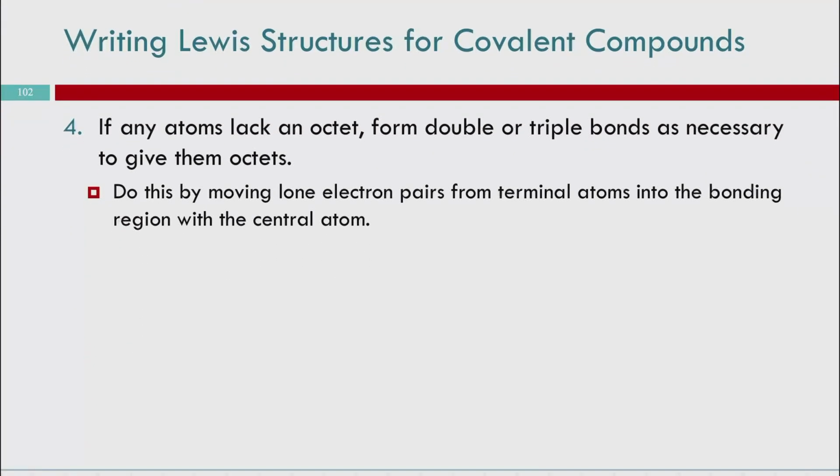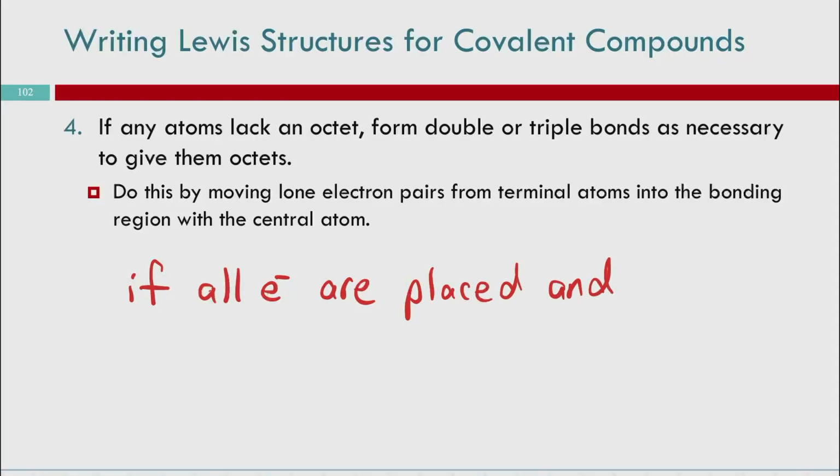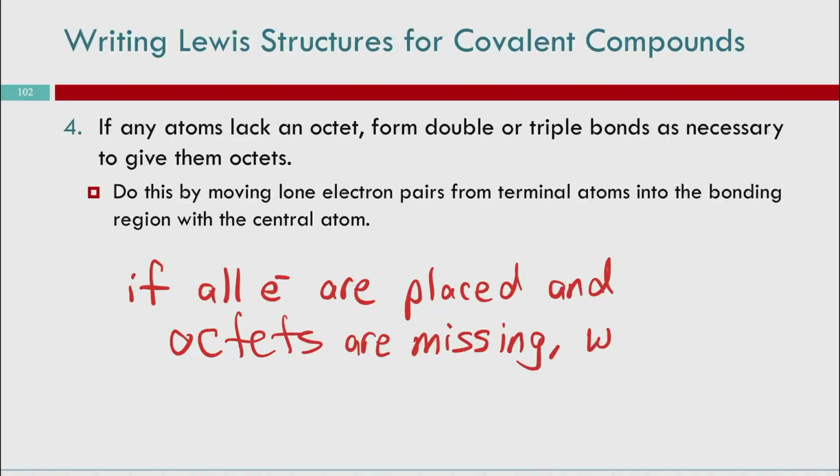Then if all electrons are placed and octets are still missing, then we form multiple bonds. We can form double or triple bonds as necessary to get full octets.